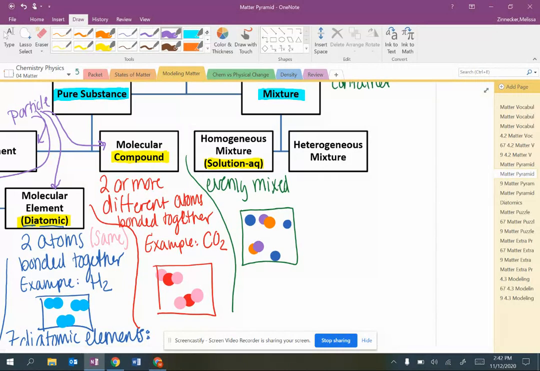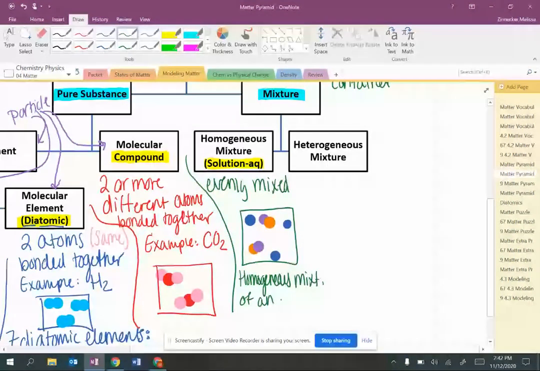So this would be a homogeneous mixture of an atom and compound. That's how we would classify this picture. So we've got two different types of particles, atoms and compounds, but they're evenly mixed. So there's no definite layer here.